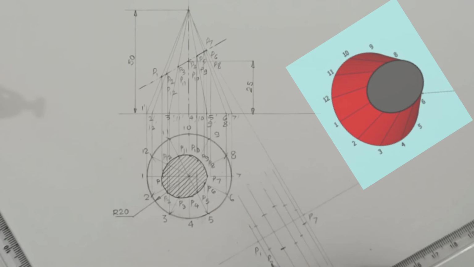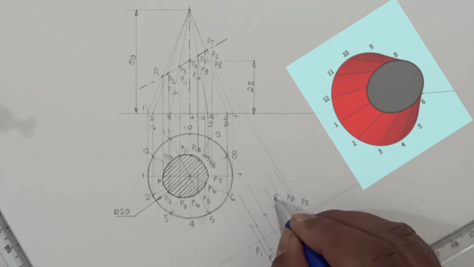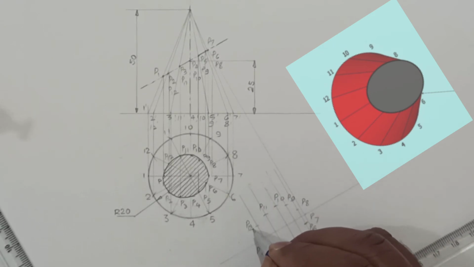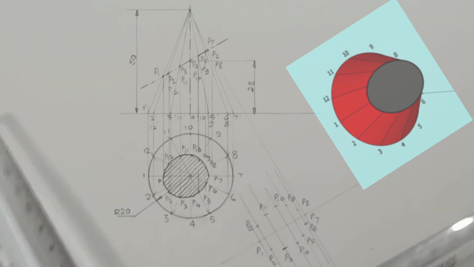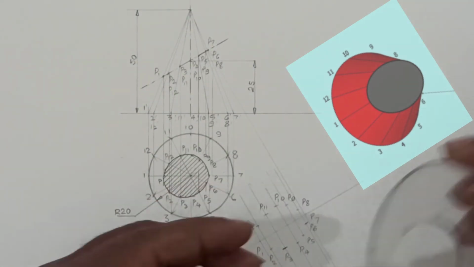Last, P7 is already marked. Mark the points as P2, P3, P4, 5, P6, P7, 8, 9, 10, 11 and 12. Those 12 points are available. Finally, the true shape appears as an ellipse.